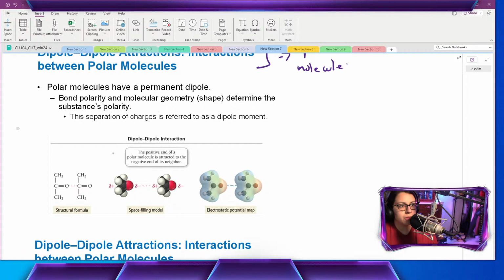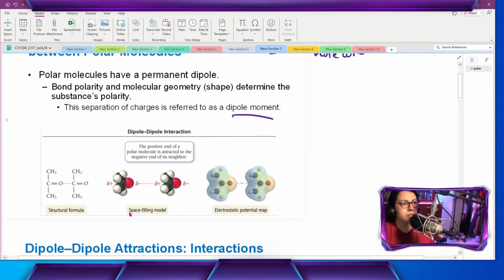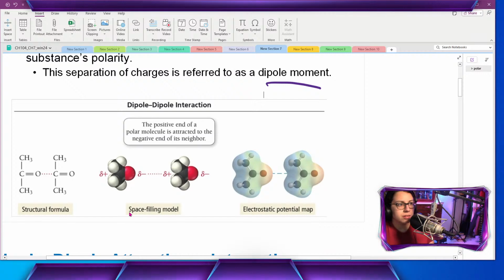And so both the substituents and the geometry determine the polarity. And we've looked at this before. If you need help with this, reach out. We can always revisit this concept. But basically, we're looking for something that has this permanent dipole moment. And so, right, this permanent dipole moment gives us those electrostatic interactions.